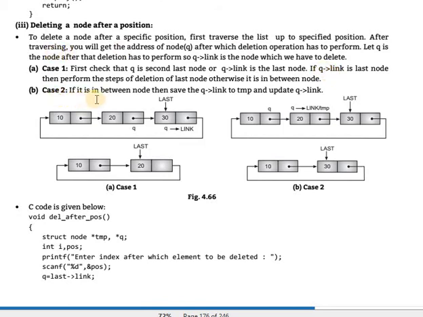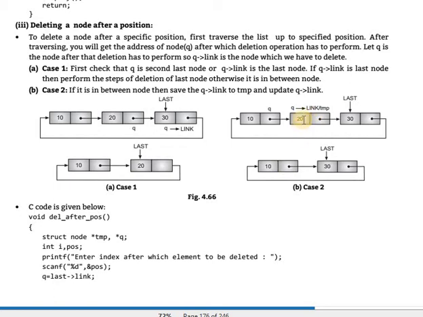Case 2: if it is an in-between node, then save the q link to a temp variable and update the q link, and that temp will be freed. But in case 1, you want to delete the last node, so the second last is created as pointer q, and when we free the last, q link is set to null.